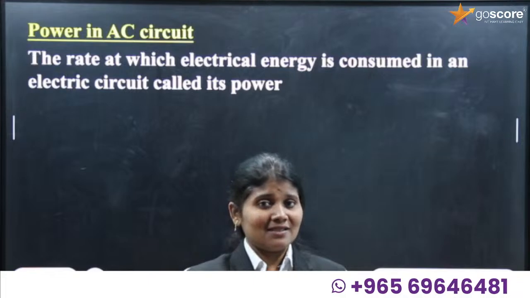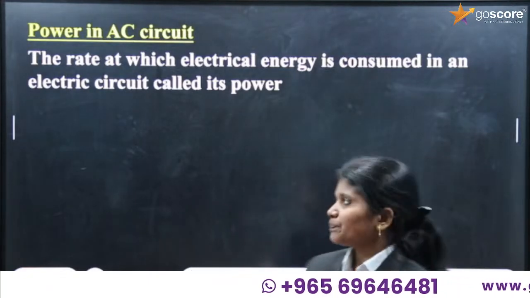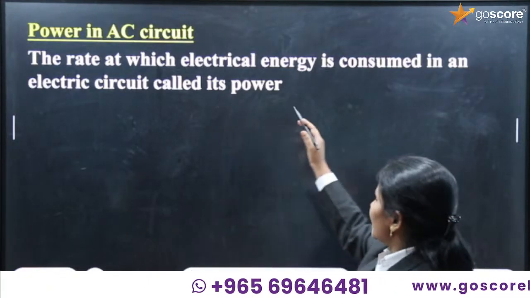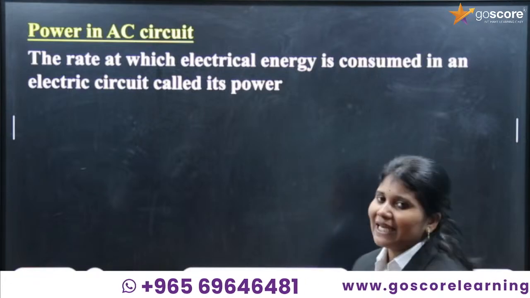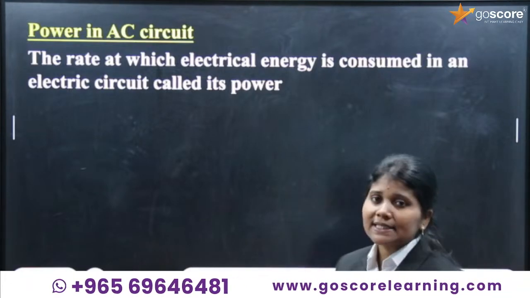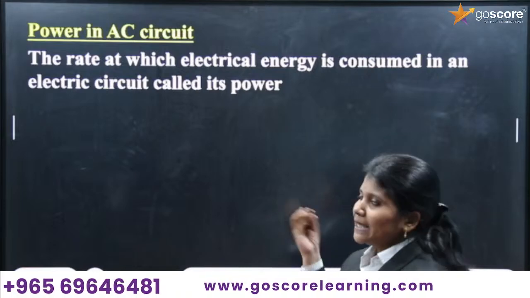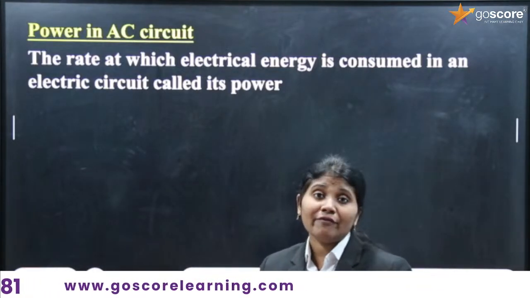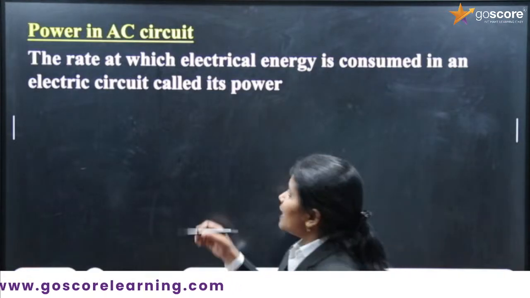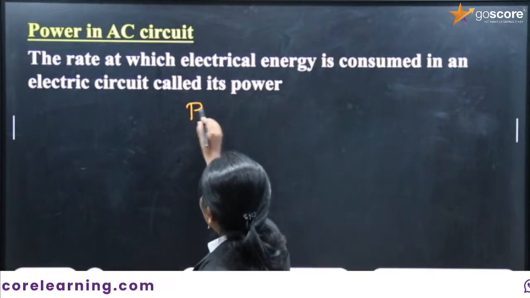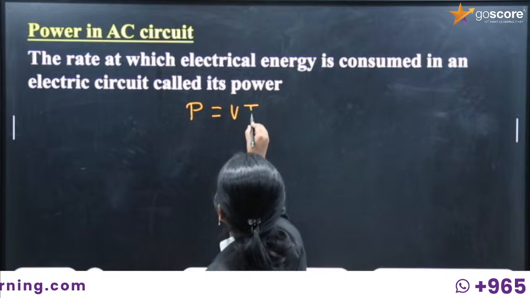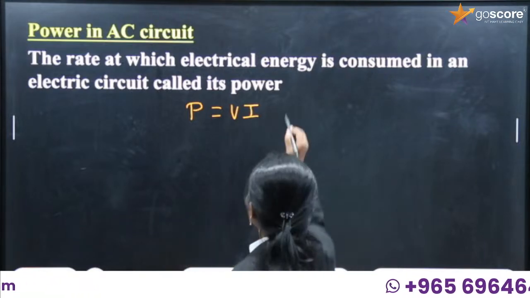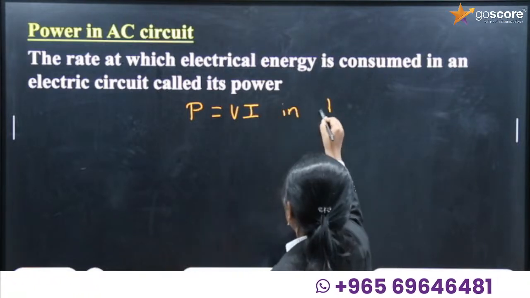The rate at which electrical energy is consumed in an electric circuit is called power. In an AC circuit, what is the power equation? Here we are considering average power. In DC, P is equal to voltage into current.